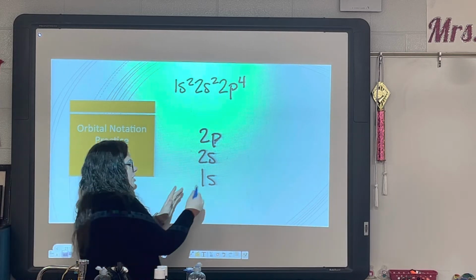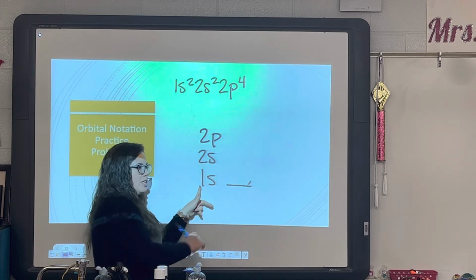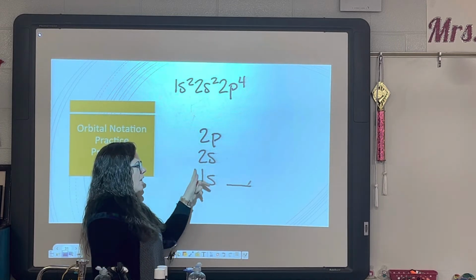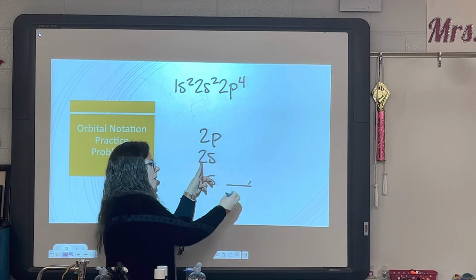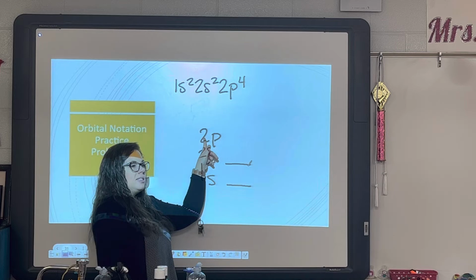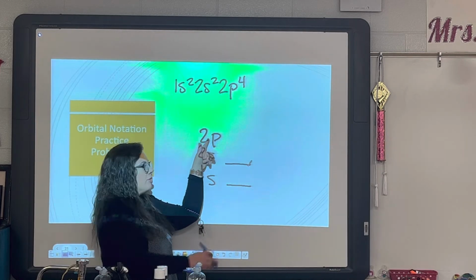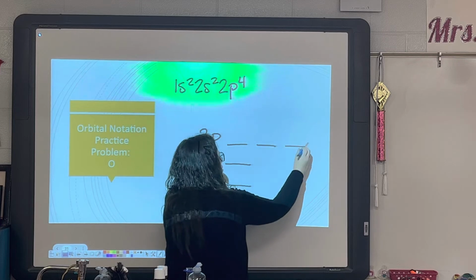Just 1. So it doesn't matter that this is my first energy level. There's only 1 type of s orbital. This is my second energy level, but there's only 1 type of s orbital. This is still my second energy level, but how many types of p orbitals are there? 3. So 1, 2, 3.